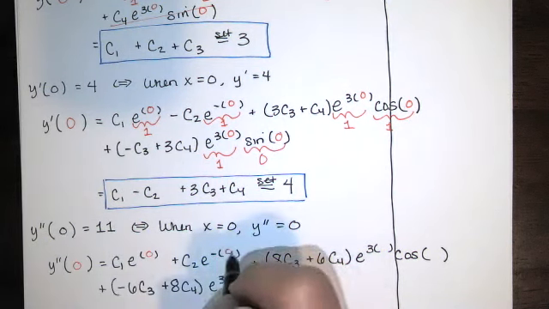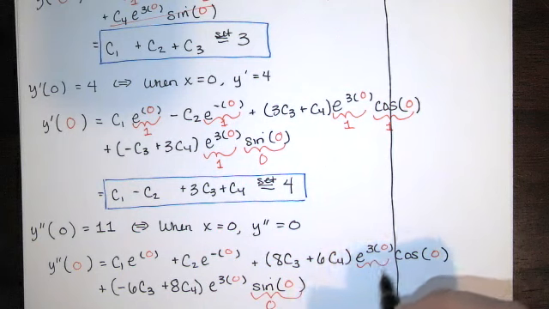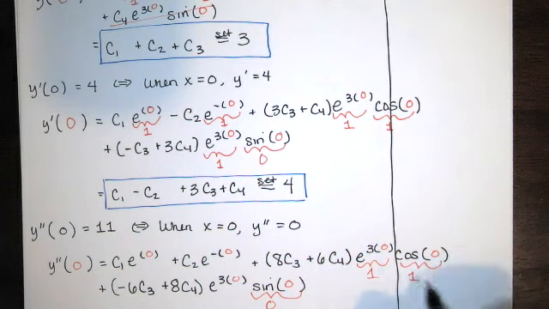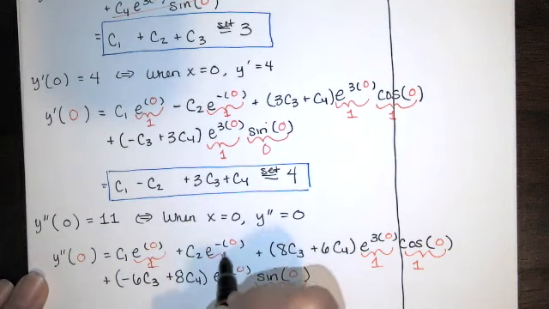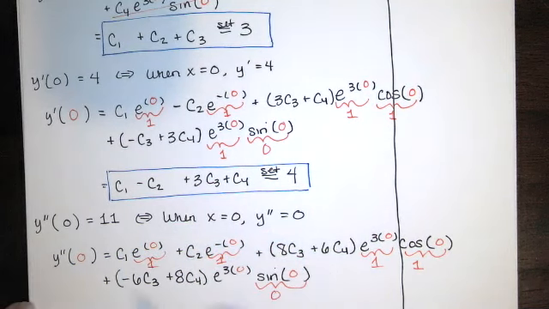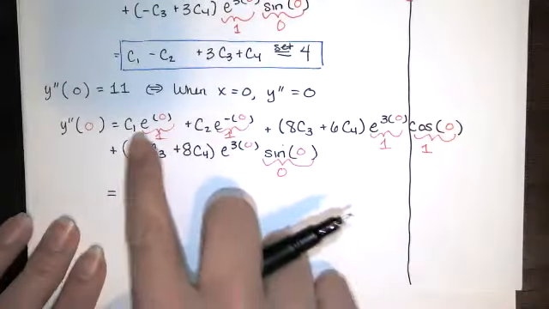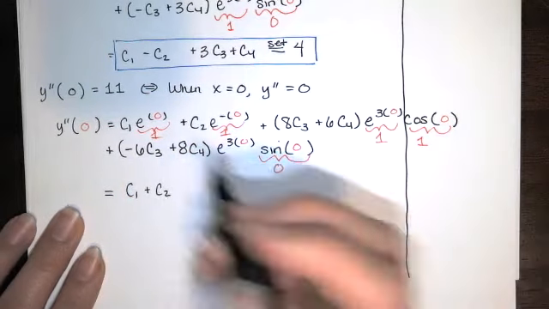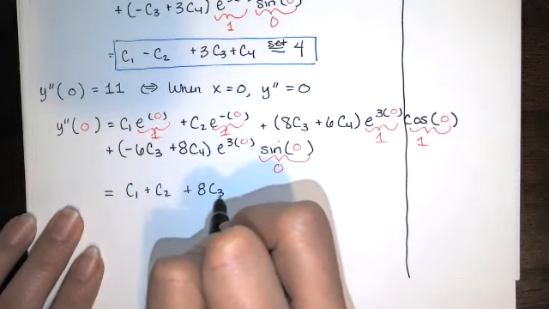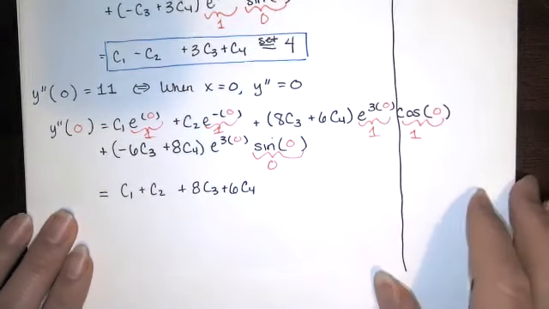So we replace all the x's with zeros. And of course, sine of 0 is 0. This is a 1 and this is a 1. So we end up with an e to the 0 is 1. So we end up with c1 plus c2 plus 8c3 plus 6c4 times 1, which is just 1.